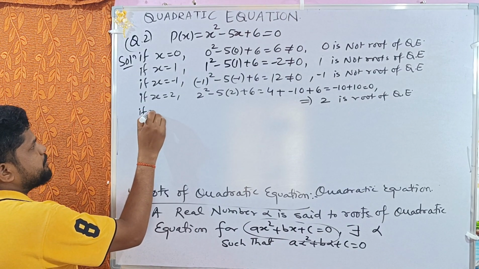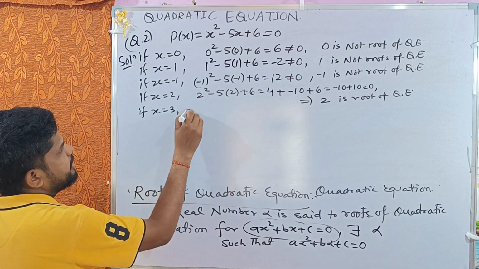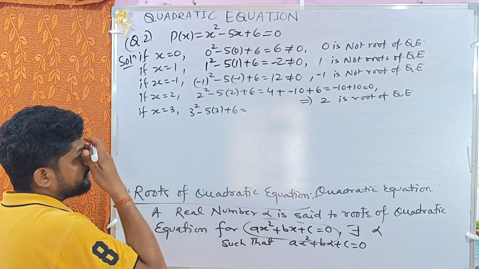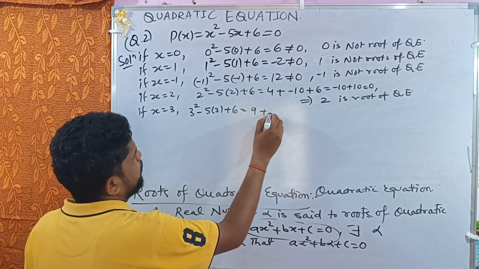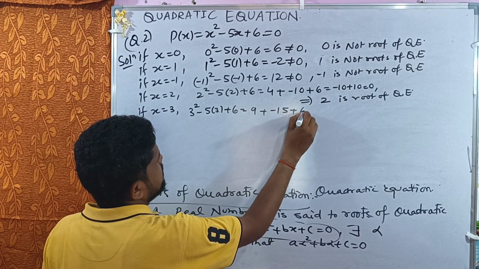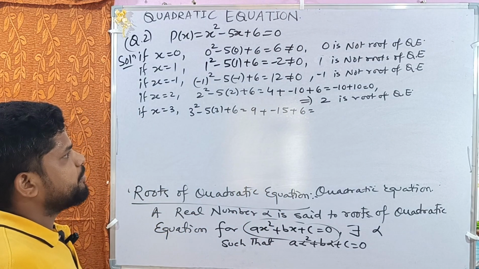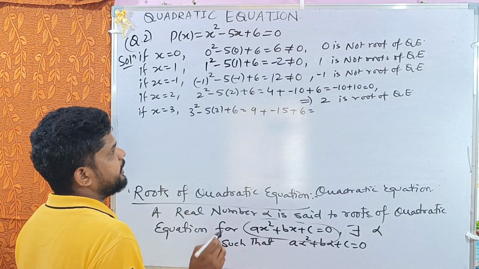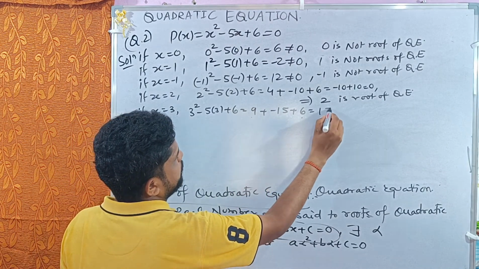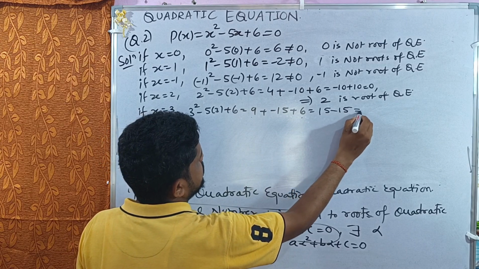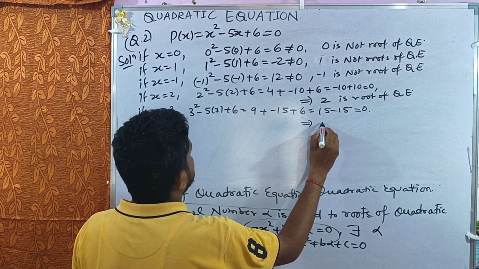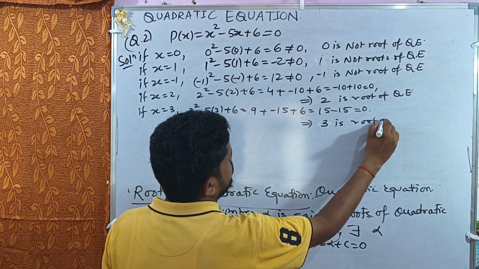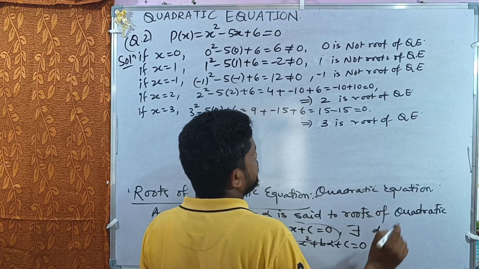Similarly, dear students, if I put x equals 3, I will get 3 square minus 5 into 3 plus 6. 3 square is 9, minus 15, plus 6. Here 9 plus 6 is 15, and this is minus 15, which is equal to 0. This shows that 3 is a root of the quadratic equation.